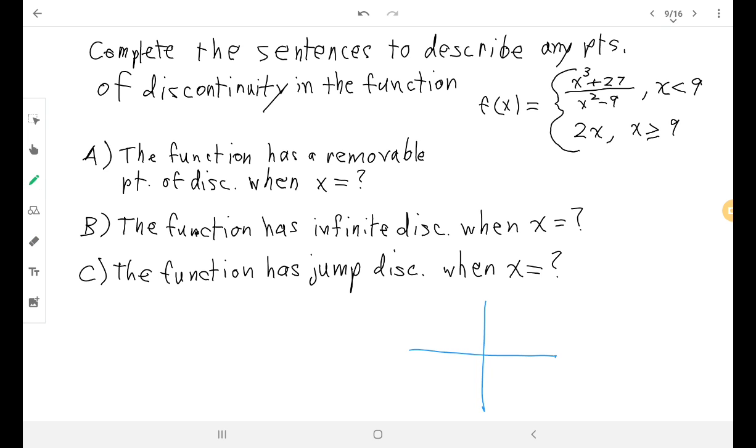If I do x cubed plus 0x squared plus 0x plus 27 divided by x plus 3, we're going to talk about why I did x plus 3, because 3 is the cube root of 27.